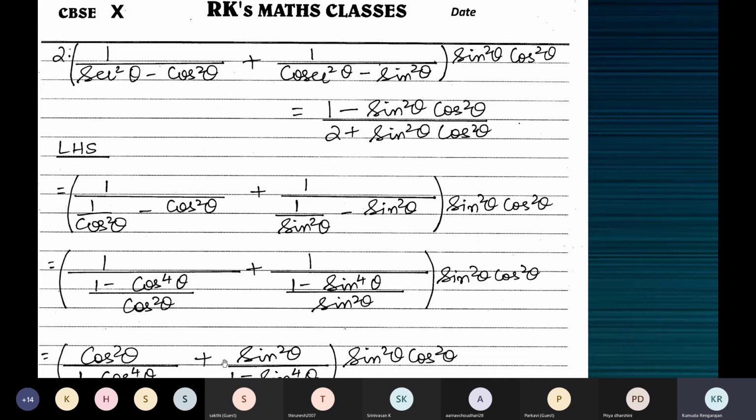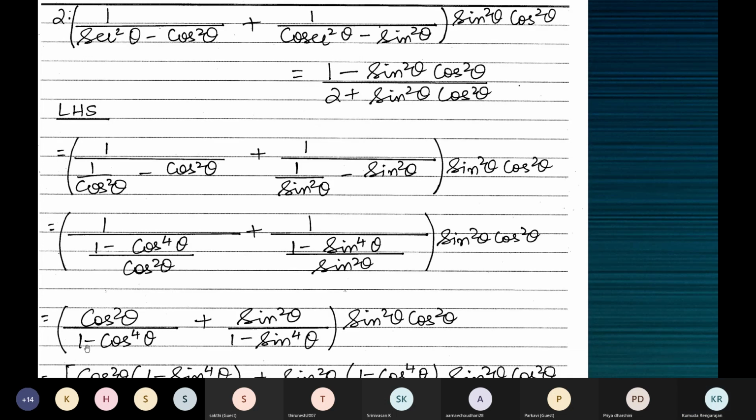So what will be the common denominator? As it is, 1 minus cos theta to the power 4 multiplied by 1 minus sine theta to the power 4 will be the common denominator. In this one, we can write 1 minus cos power 4 theta as 1 minus cos square theta, the whole square minus. Correct. So now when we do that, you can do it at any stage.